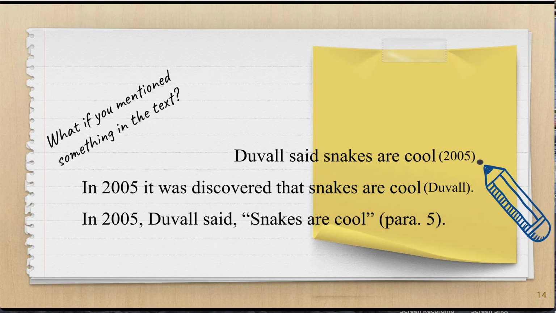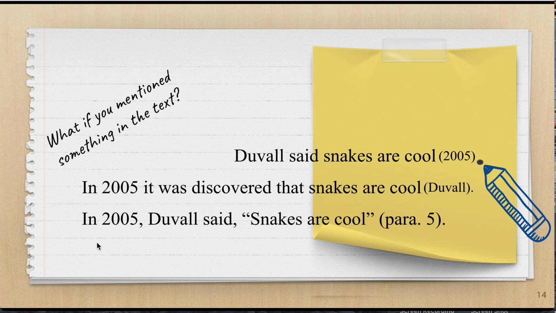Okay, what if you mentioned something in the text? Okay, so like what if I said, Duval said snakes are cool. So I mentioned a component that usually goes back here, Duval. Well, then I take it out because I put it up here. Or what if I said in 2005 it was discovered that snakes are cool? Well, since I mentioned 2005 up here, I don't need to have it back here.